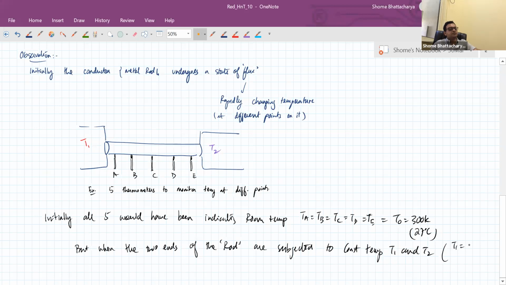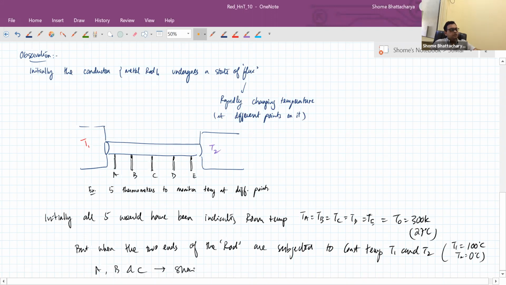In my example, T1 is 100 degrees C and T2 is 0 degrees C. Now we will see that probably A, B and C will show a rapid temperature rise. Okay. And probably D and E will show a rapid temperature drop.